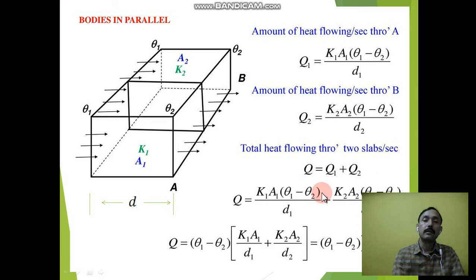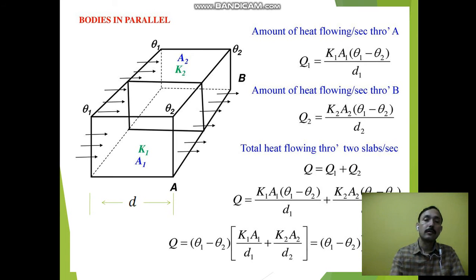Taking common theta 1 minus theta 2, we can write (K1 A1 by D1 plus K2 A2 by D2). This can be written in the form of a summation. If there are n number of slabs, we can write (theta 1 minus theta 2) times the summation of i equal to 1 to n of Ki Ai by Di.